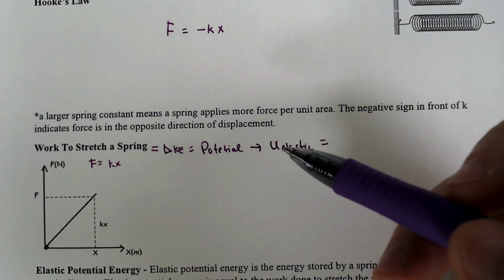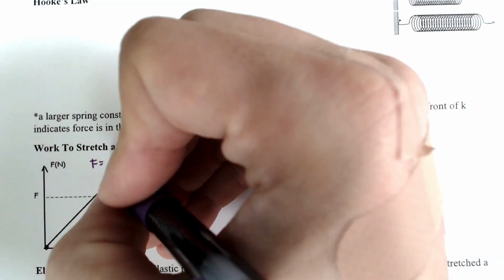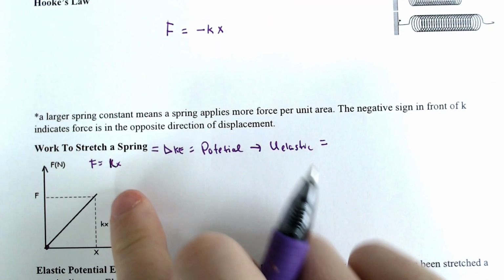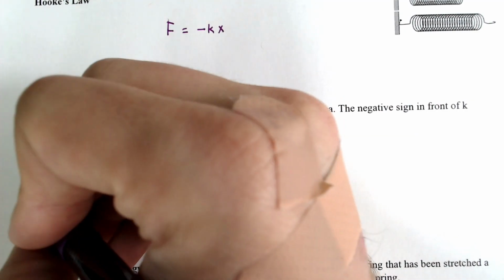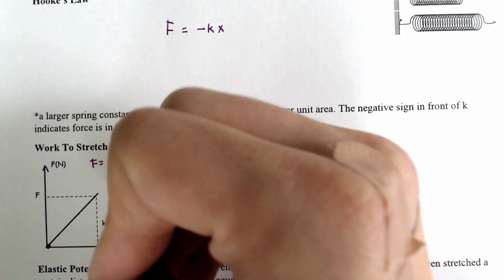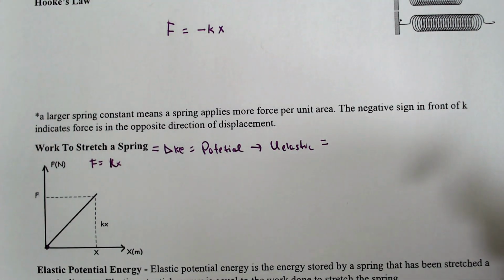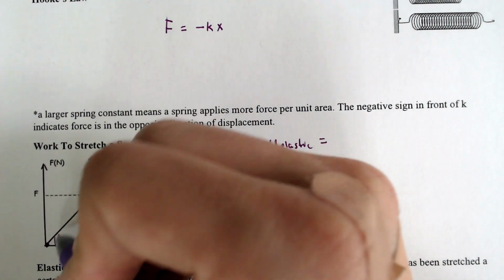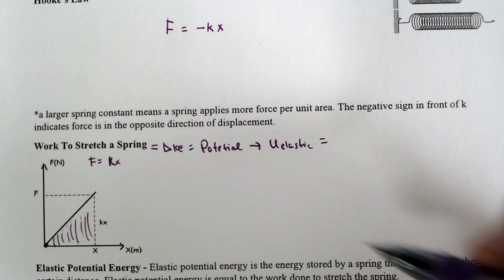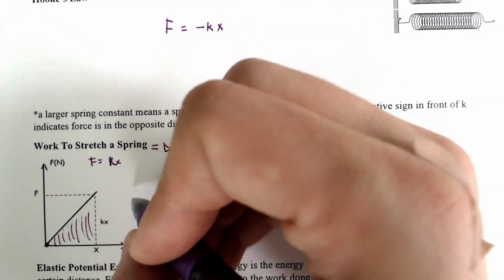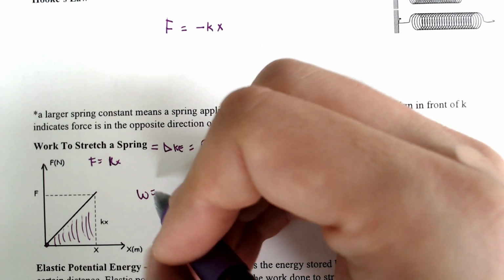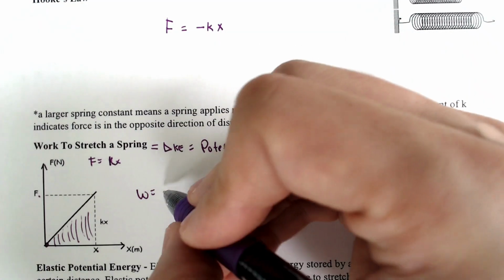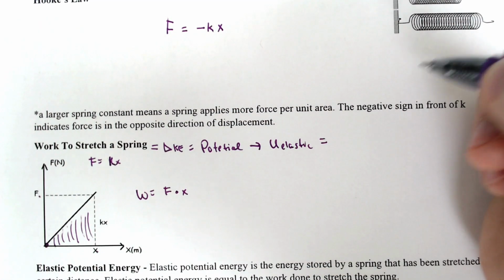All right? With that in mind, knowing that force is equal to kx, if we wanted to find the work, just like our last video, we would want to find the area underneath the curve. So that would mean that our work would equal F times d, which would typically be F times x.